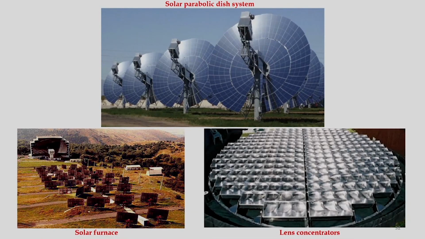Sometimes solar furnaces are also used for different purposes. This is the solar furnace, in which very high temperature can be achieved, and these are called lens collectors. Lens collectors are also used for generation of electricity by using the thermal route.